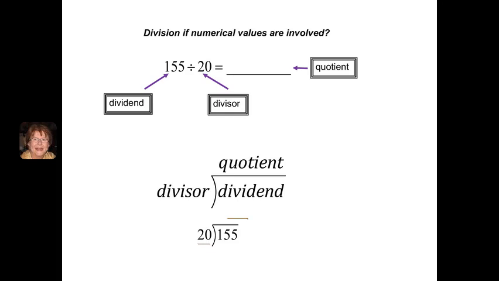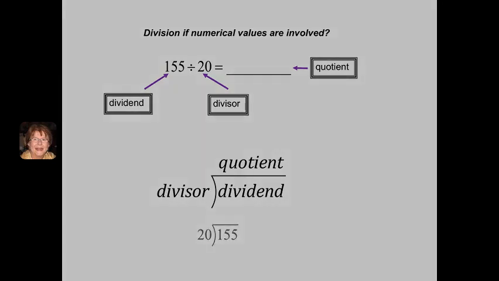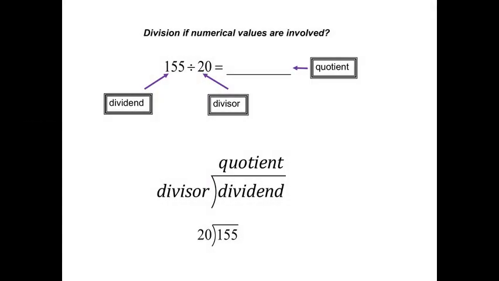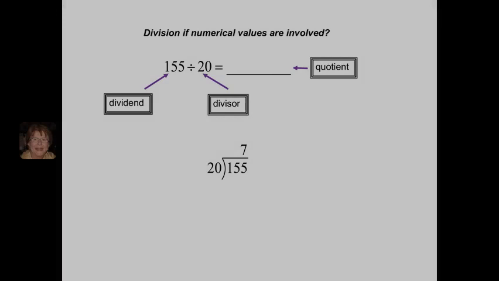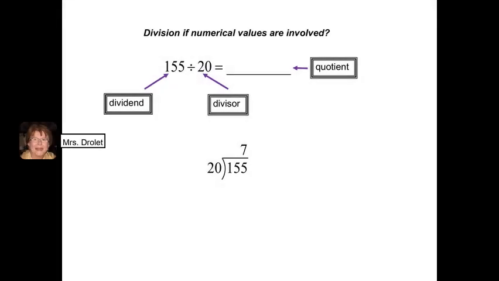So try to think about how you did this in elementary school. Now, this is a simple example, but it's just to review the steps because the steps are exactly the same for algebra.